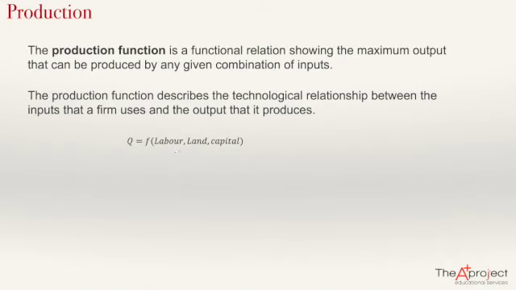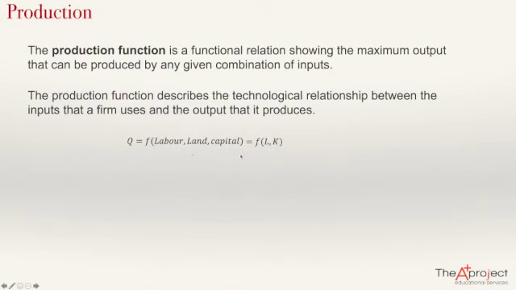So we can say, for example, that the quantity produced is a function of labor and capital. Or we can say that it's just a function of labor because we consider capital fixed, or that it is a function of land because we consider capital and labor fixed.